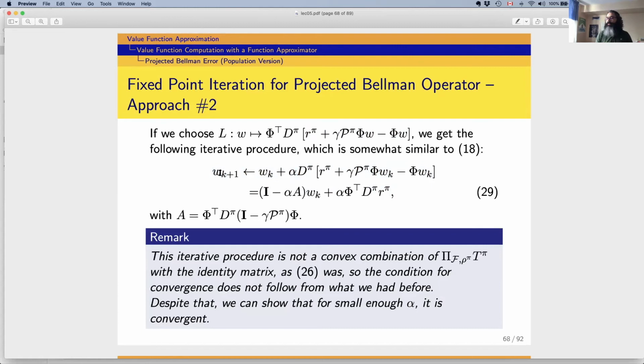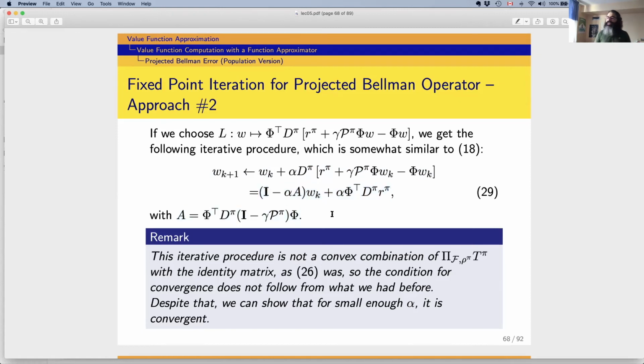That would be W_{k+1} is W_k plus alpha times phi transpose D pi, R pi plus gamma P pi phi W_k minus phi W_k. The part that I highlighted would be the Bellman residual, but it's weighted according to this D pi. And I just add W to it. It can also be written in this form with some specific form of W.